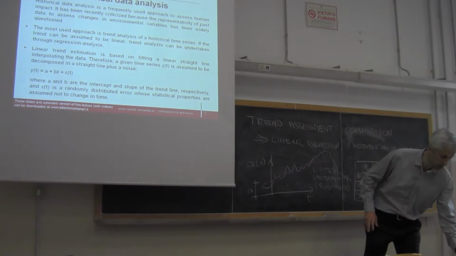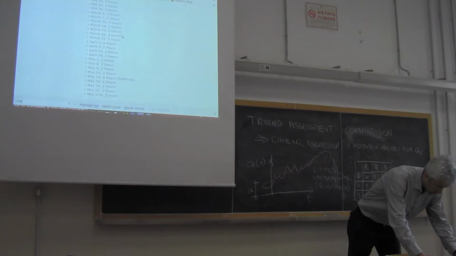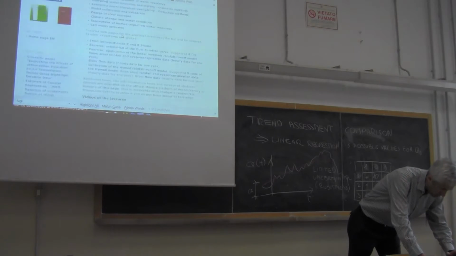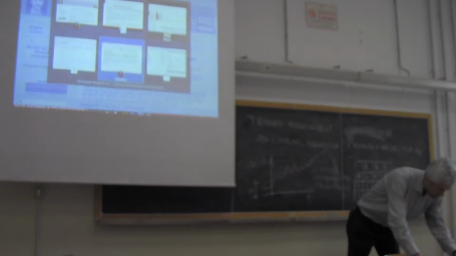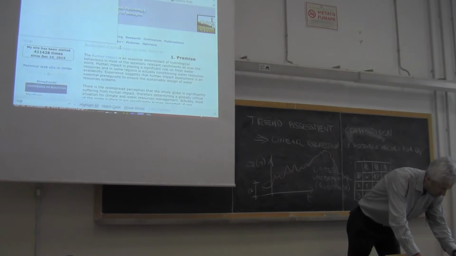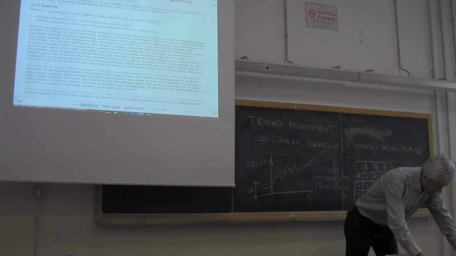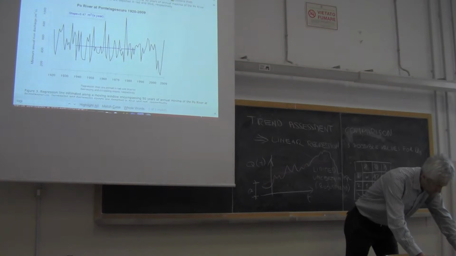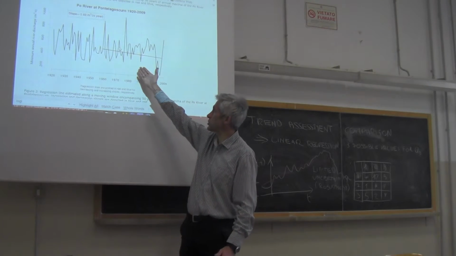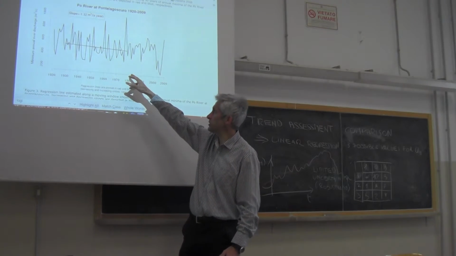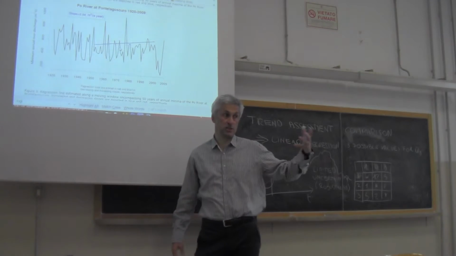A very good example is the picture that I already showed you about the Po River. It's here, on the lecture, you see the mean flow of the Po River. You estimate a linear regression over a moving window, and you see that sometimes the linear regression is decreasing, sometimes increasing, so what is a trend?